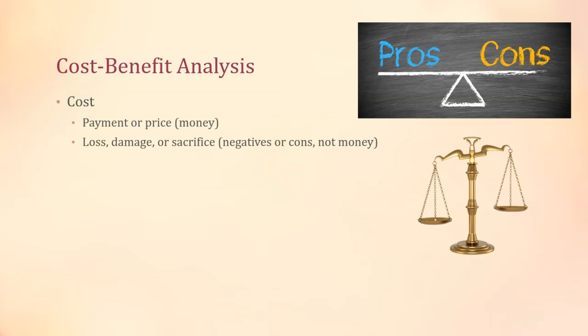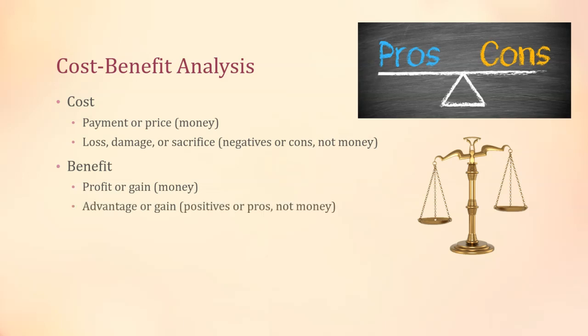These are general negatives or cons. Next is benefit. A benefit could be the profit or gain from doing something, the actual money received or earned. Benefits can also be other advantages or gains that are not about money. These are other positives or pros to doing something.